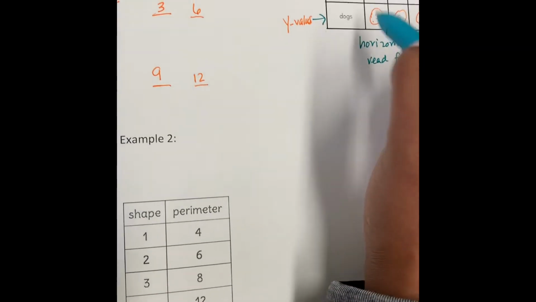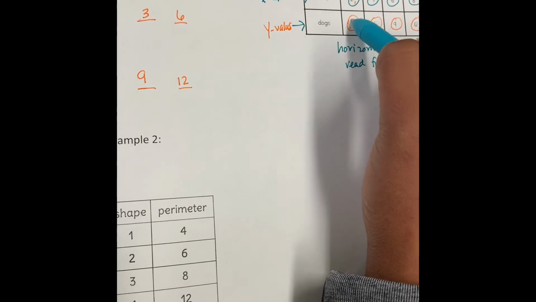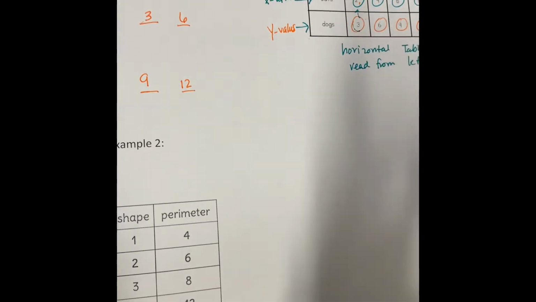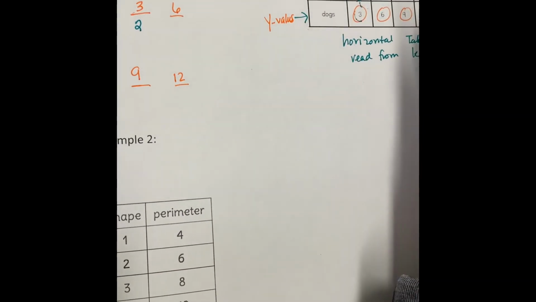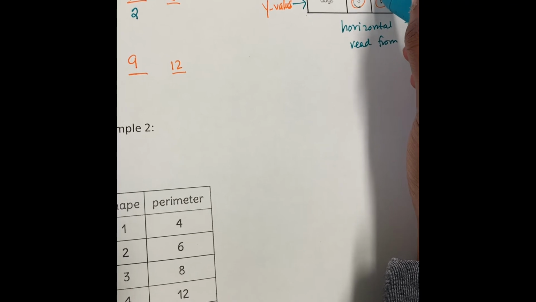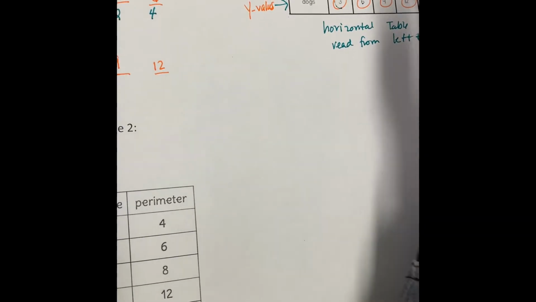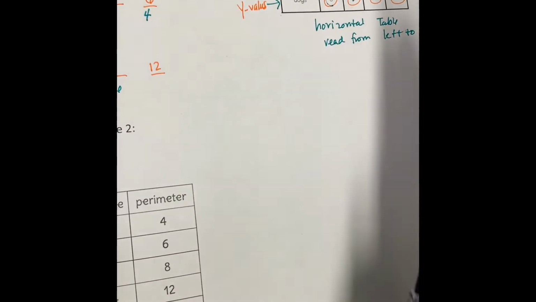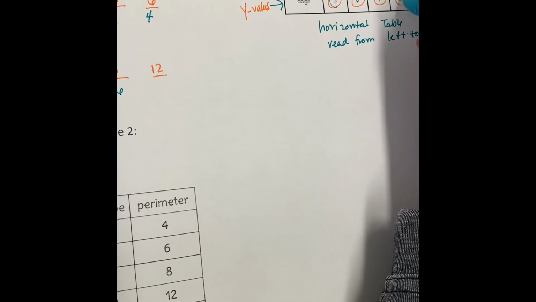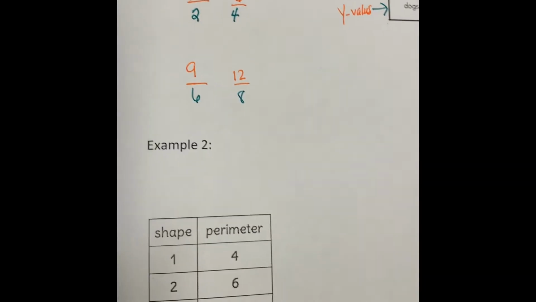The corresponding x value to my y value of 3 is 2. The corresponding x value to my y value of 6 is 4. The next is 6, and the corresponding x value to 12 is 8. Okay, so those are my ratios.